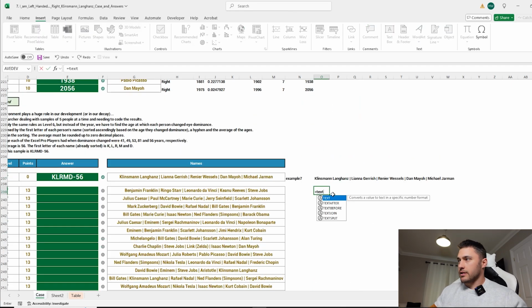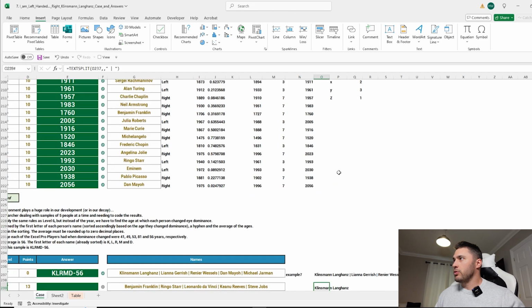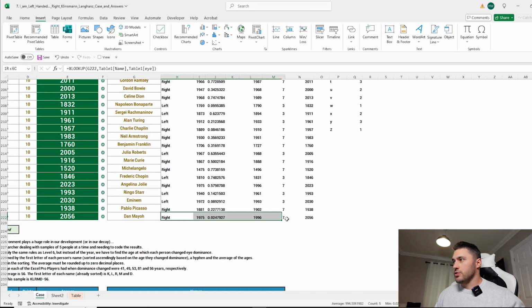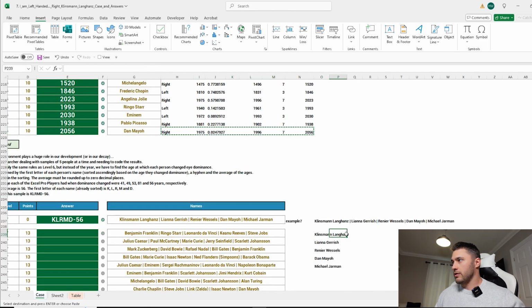So what we're going to say, text split this, and our row delimiter is going to be this pipe, and then we have our 5 people. Then we can just do this calculation here for those 5 people. Check that's looking to the right person, which it is, so I think we're fine there.